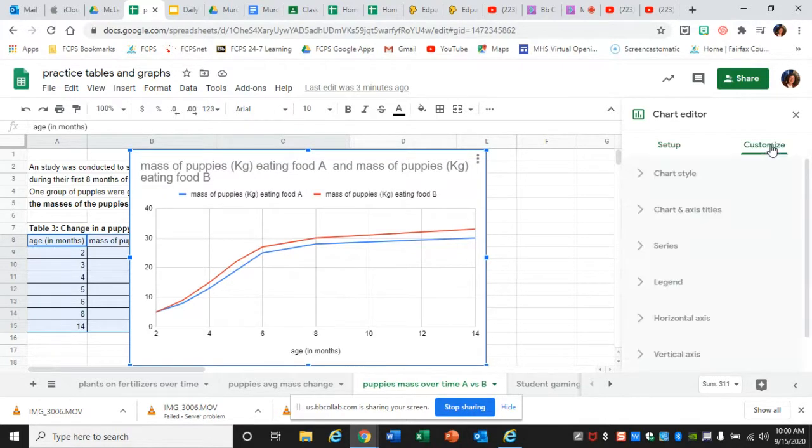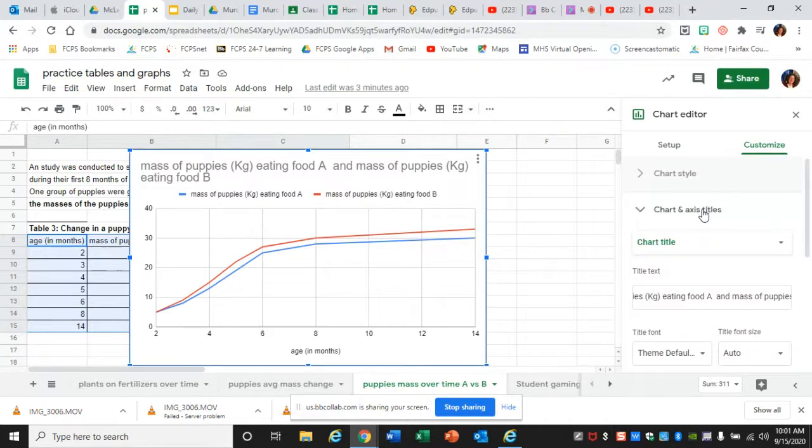Now I'm going to go to customize, and I'm going to go down to chart and axis titles and click that open. So now you have another little choice bar where you can look at your chart title. You can add a chart subtitle if you want, and you can also make sure that your axes, your horizontal axis, which is the flat one, and your vertical axis, your y-axis, which is the upright one, are both labeled.